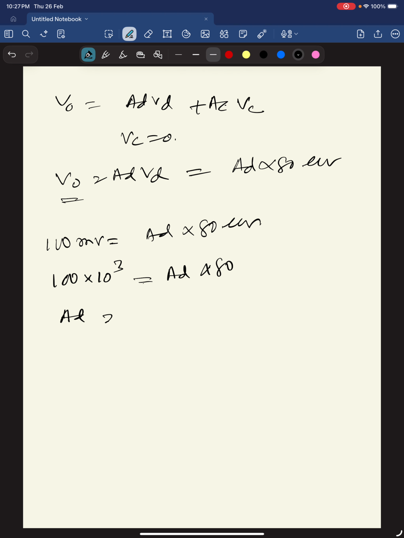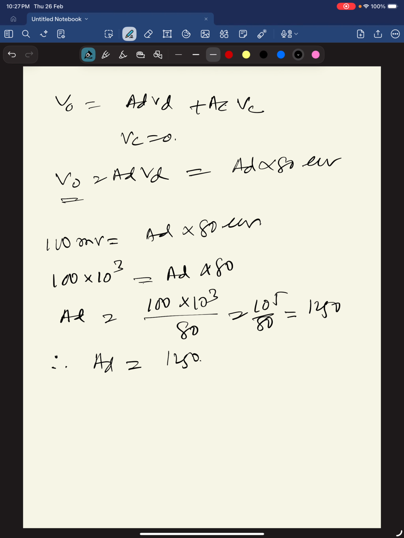So AD is equal to 10 to the power 5 divided by 80, that will give you 1250. Therefore AD is 1250.